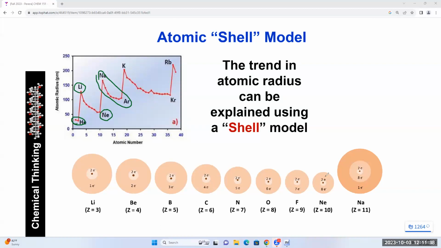Because you have more protons in the nucleus in the rightmost atoms, these electrons are more strongly attracted to the nucleus, making the electron cloud smaller. And that's why the size of the atom decreases across the period. More protons means higher positive charge. Higher positive charge means strong attractive interactions between the electron cloud and the nucleus. That's the idea there.